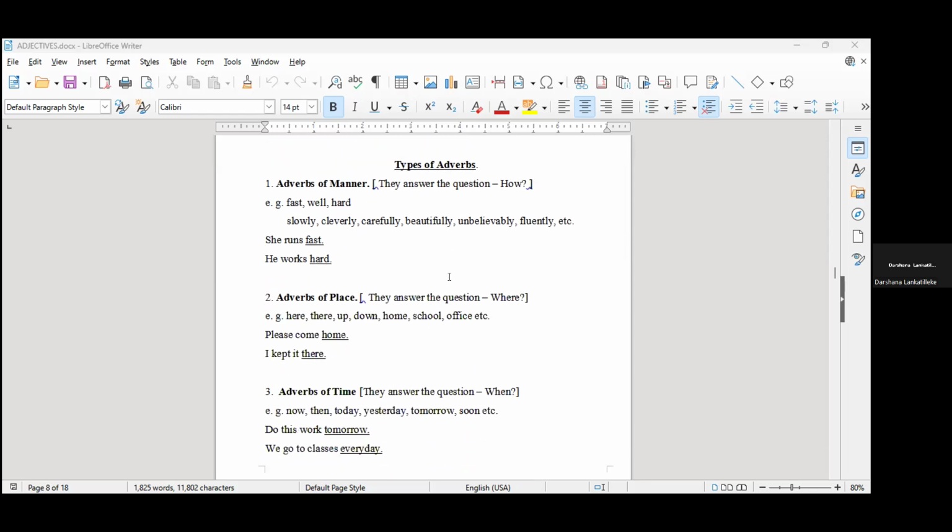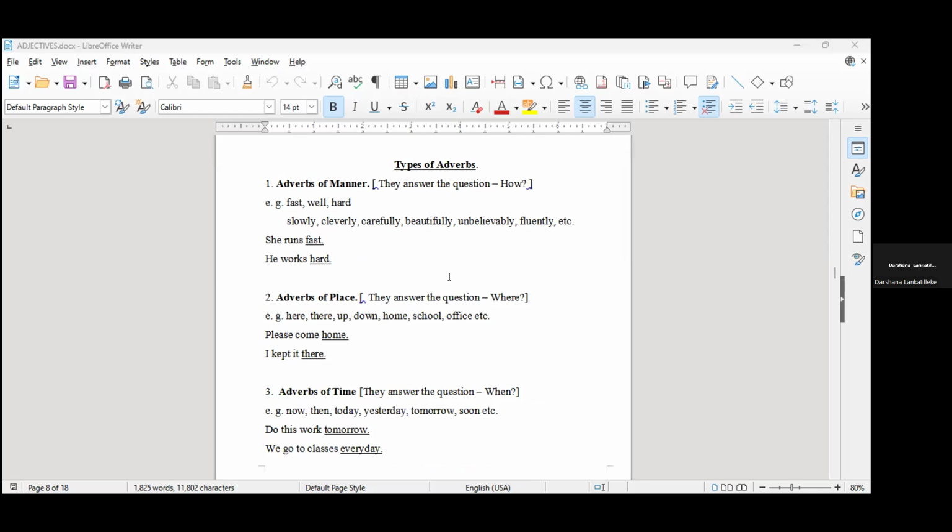Now see, types of adverbs. First one is adverbs of manner. They answer the question how. Manner means how something is done. Then what are the examples? Fast, well, hard, like that.